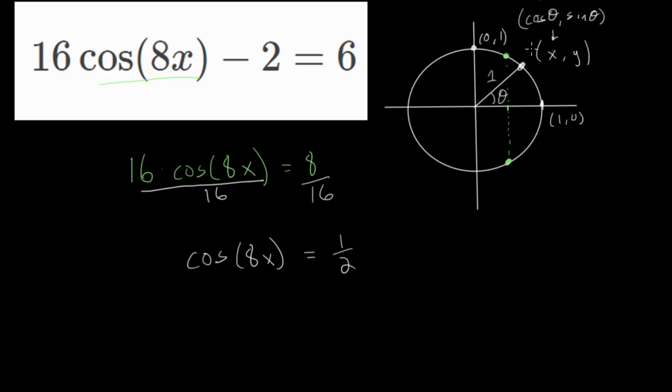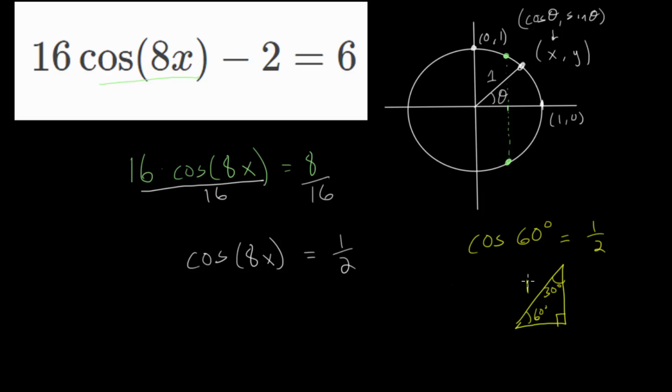Now, with the cosine, you might remember that the cosine of 60 degrees is equal to 1/2. When we have a 60-degree angle, we end up with a 30, 60, 90 triangle, where this is our 60-degree angle, this is 90, and this is 30.